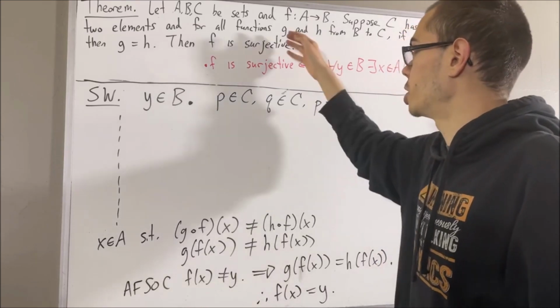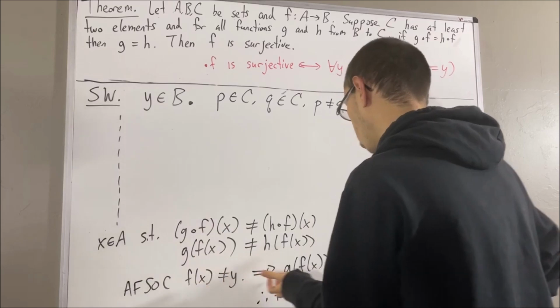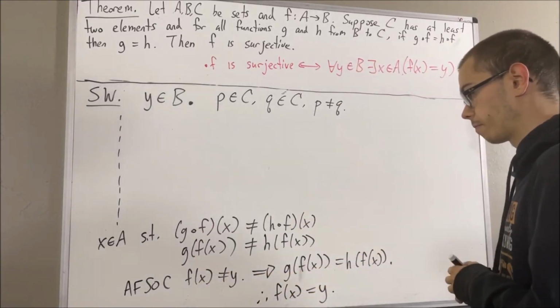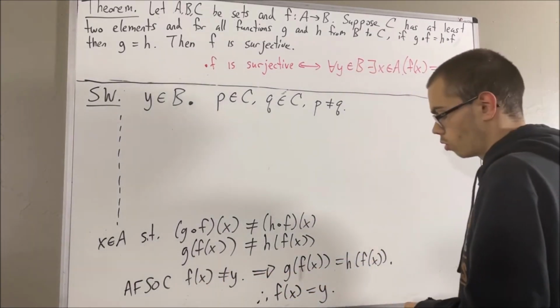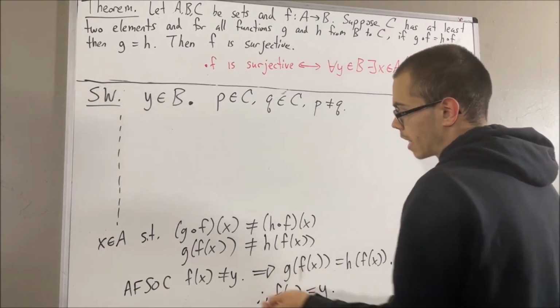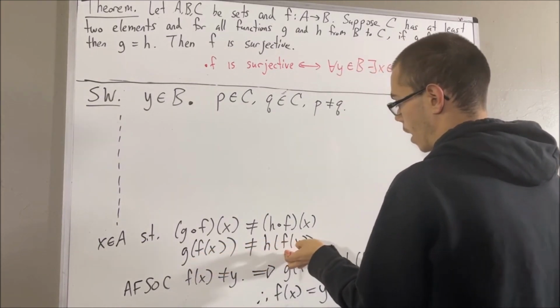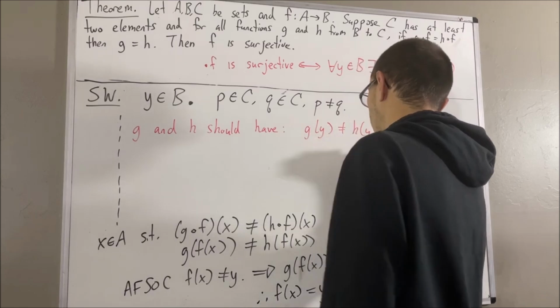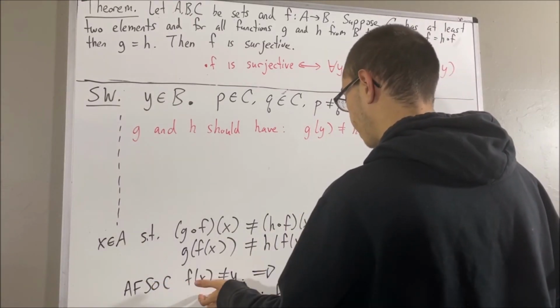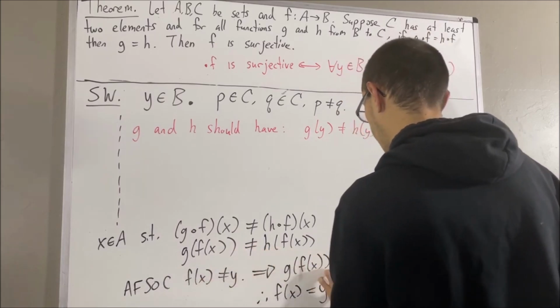But we need to construct g and h in such a way that we obtain the ability to arrive at such a situation. So how can we do that? Well, since we're expecting f of x to equal y, this means we must have that g of y is not equal to h of y. But when we assume for a contradiction that f of x is not equal to y, we should arrive at the situation where these two contradict each other.